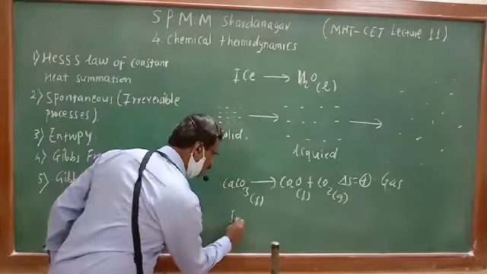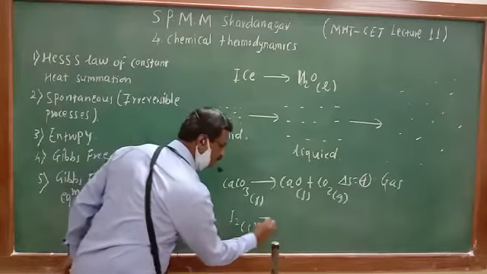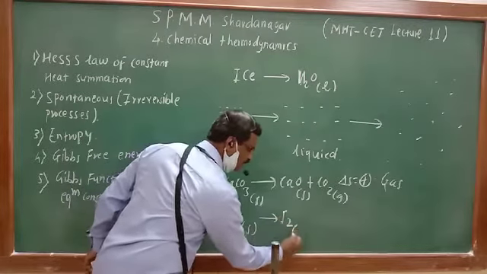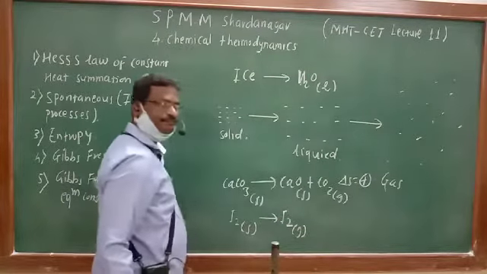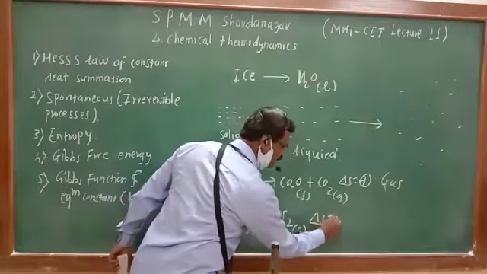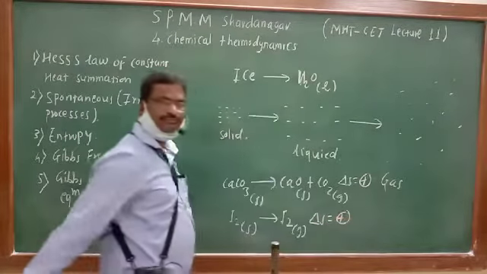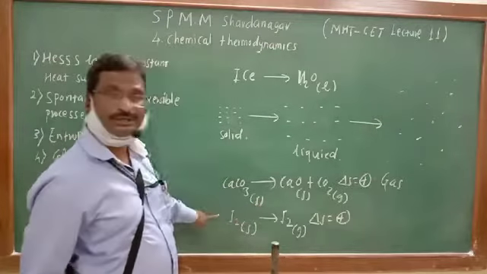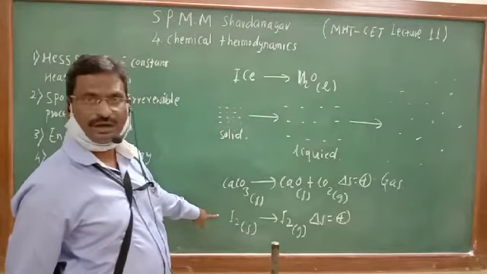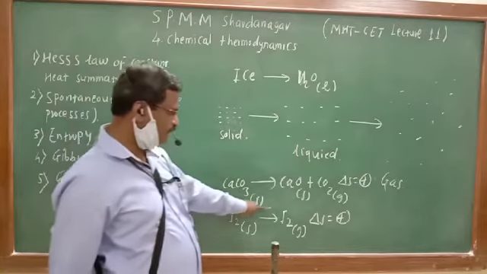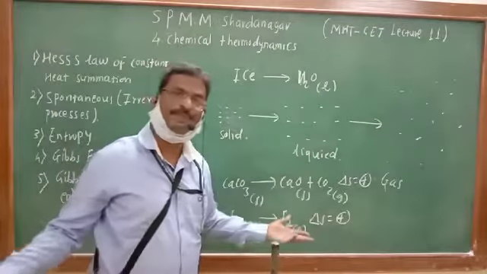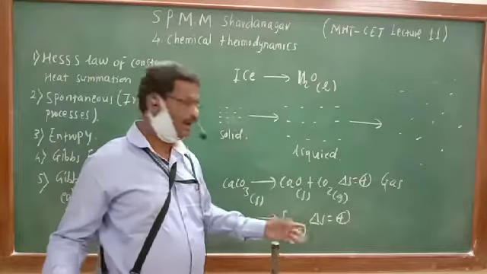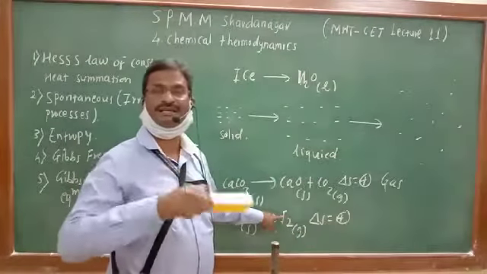If we take iodine solid converted to iodine gas, what is the change in entropy? It is positive. Because solid is converted to gas, the molecules which are close to each other are converted to molecules which are far away from each other, and these molecules are continuously in motion.